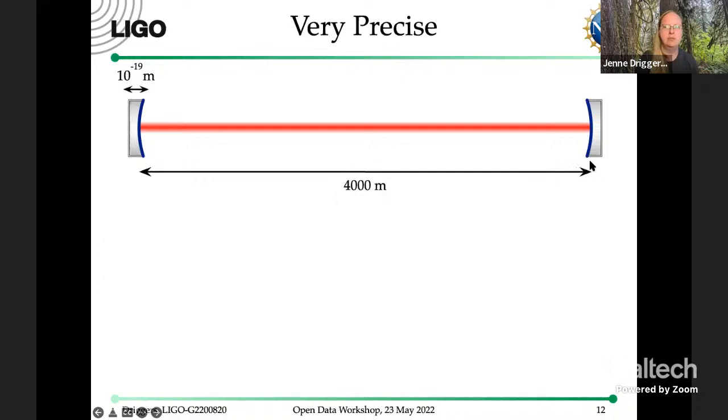So our mirrors move on the order of 10 to the minus 19 meters, and that is divided by 4,000 meters, because that's the gravitational wave strain that matters for measuring the gravitational wave signal. How much the mirrors move divided by the total baseline.